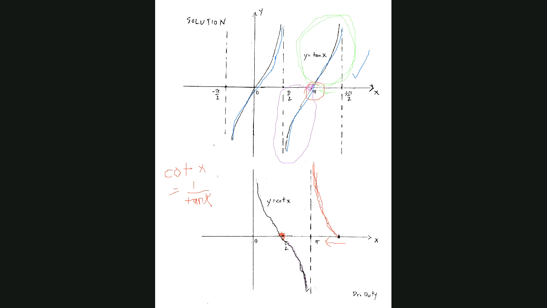Well then, this is our answer: the limit as x approaches pi from the right of the cotangent of x equals infinity. You'll have problems in WebAssign like this, but maybe it's either infinity or negative infinity, and you have one chance to get the answer right. So you want to take your time and get a graph.